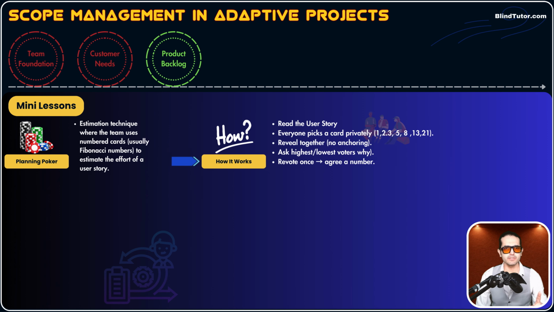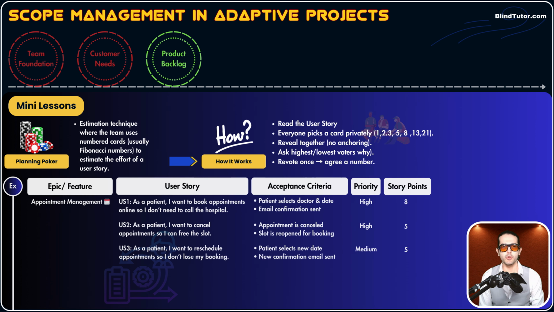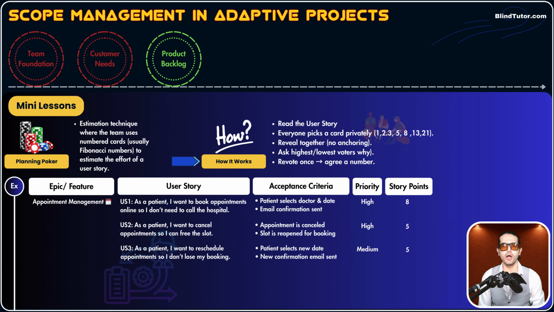Now, the Scrum Master reads the user story. For example, the Scrum Master reads user story number 1, which is, as a patient, I want to book appointments online, so I don't need to call the hospital. Now, the Scrum Master asks the team members, hey, do you have a clarifying question about this user story from the product owner? We have the product owner to answer the questions.